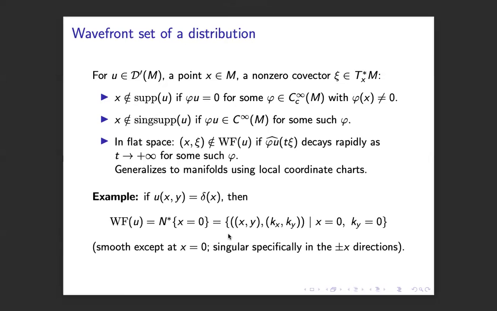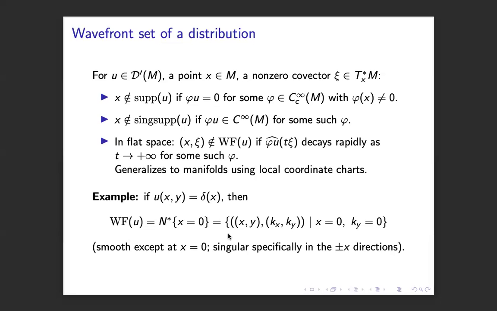If you have a distribution in two variables, here just in flat space, which is the delta of x, just one of the variables, then this is smooth everywhere except the vertical line x equals 0. So we have the plane, and it's smooth except here. It's singular specifically in the directions crossing across this, because if you're here but you're moving along x equals 0, then it looks constant.